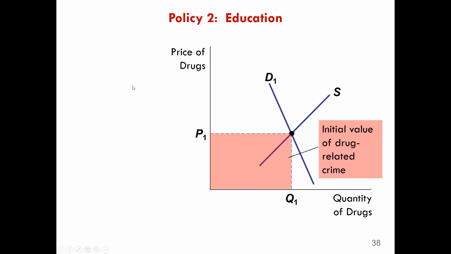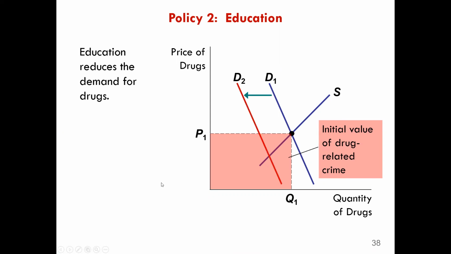Now, let's consider the second policy, which is education. Once again, you have your demand and supply curves for drugs, and the area shaded red is the initial value of drug-related crimes. Education, when given, will reduce the demand for drugs.